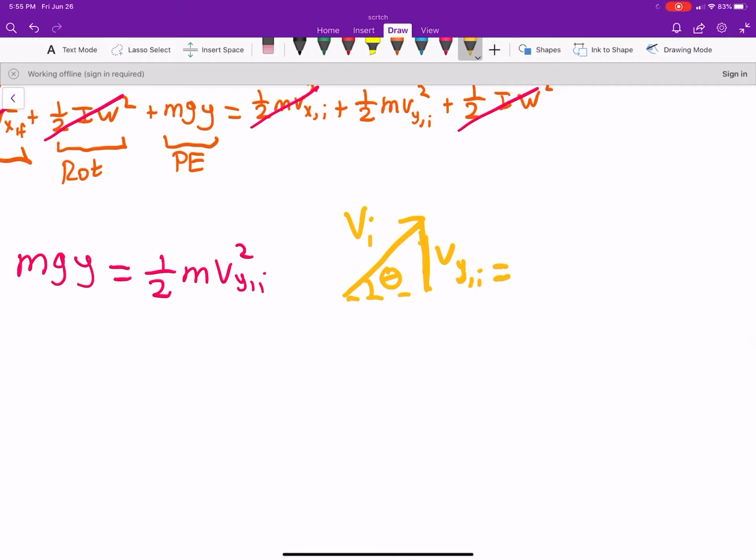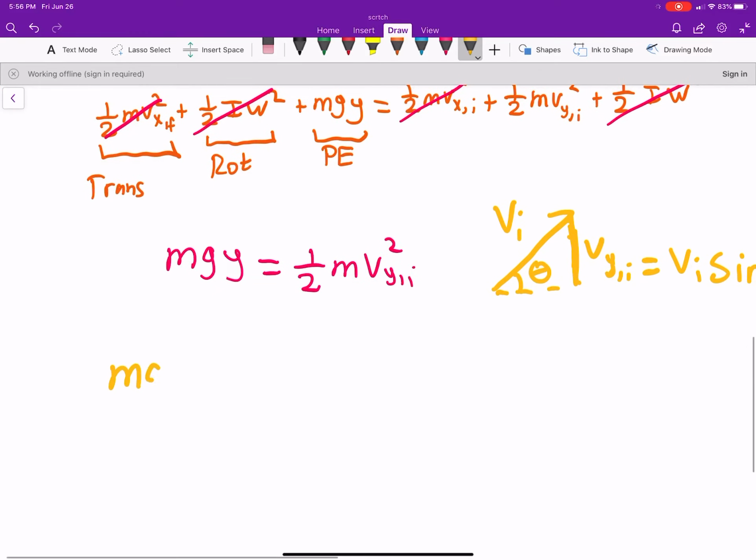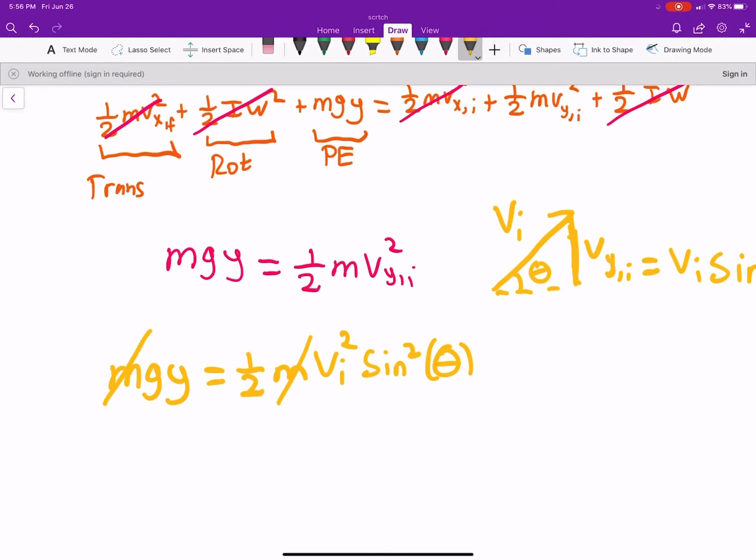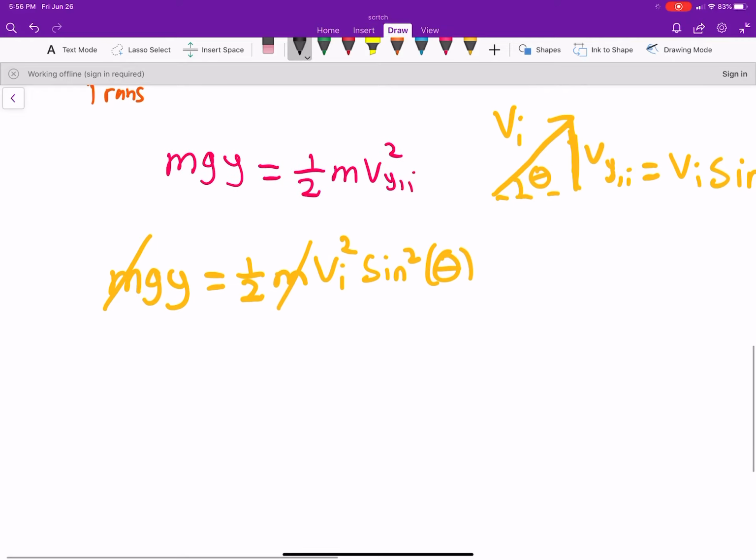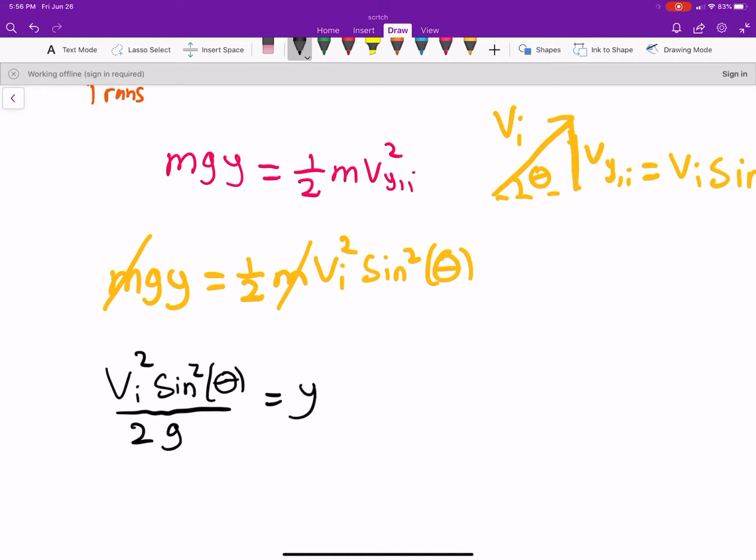Velocity y initial is just v initial sine theta by right triangle trig. So m g y equals 1/2 m times v initial squared sine squared theta. Both terms have an m, so we can cancel that. And then solving for y, we have v initial squared sine squared theta, all divided by 2 times gravity, equal to our height y.